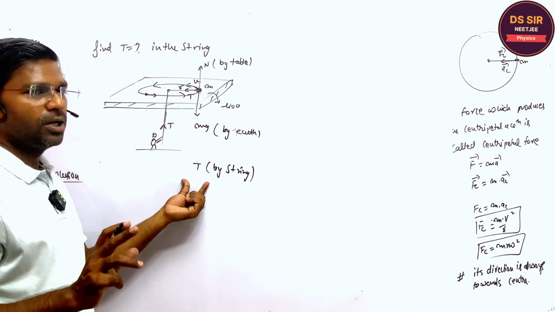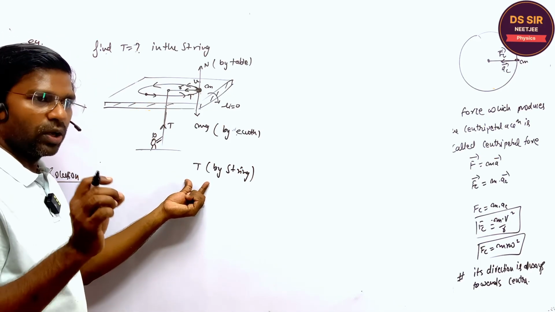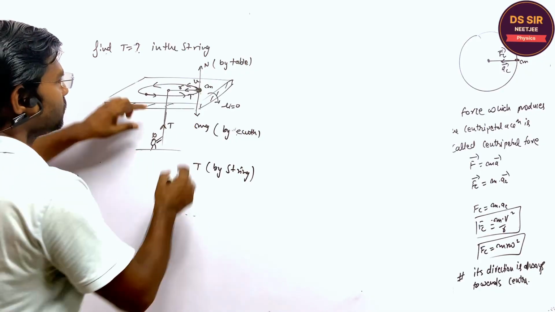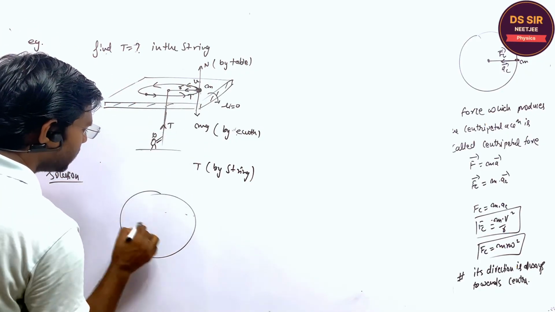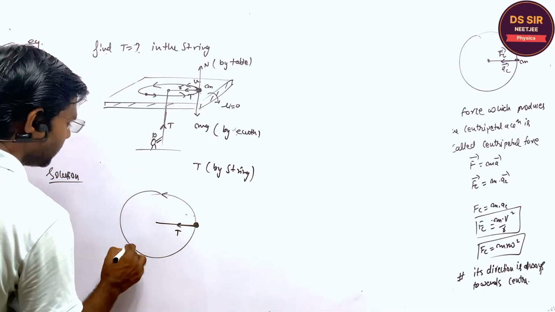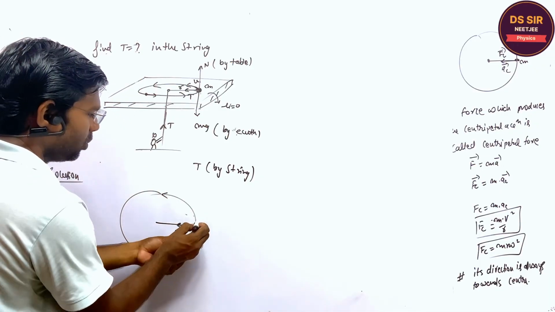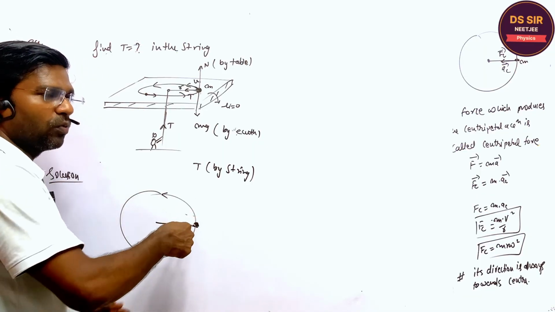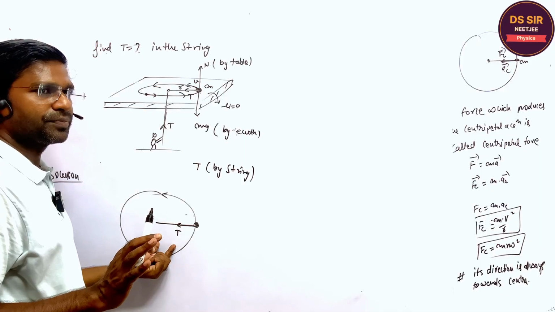Now the second point I told you, you have to resolve the forces along the radius and perpendicular to the radius. This is the side view. If you see the top view, right, the tension is in this way and it is moving like this, right? The normal is in the upward direction and mg is in the downward direction. You understand the figure?